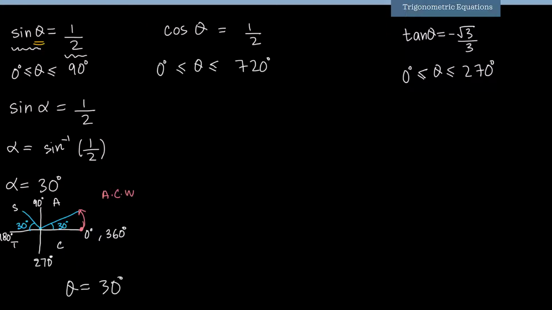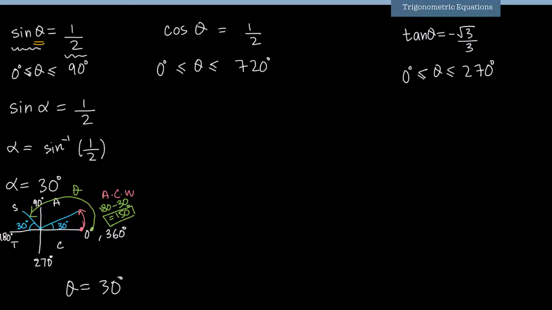Now if I again start from 0 and go up to my next line, this is going to be my second value of theta. And this angle is 30 degrees less than 180 degrees. So it would be 180 minus 30, which would be 150 degrees. So the next value of theta for which sine theta is equal to 1 upon 2 can be 150 degrees.